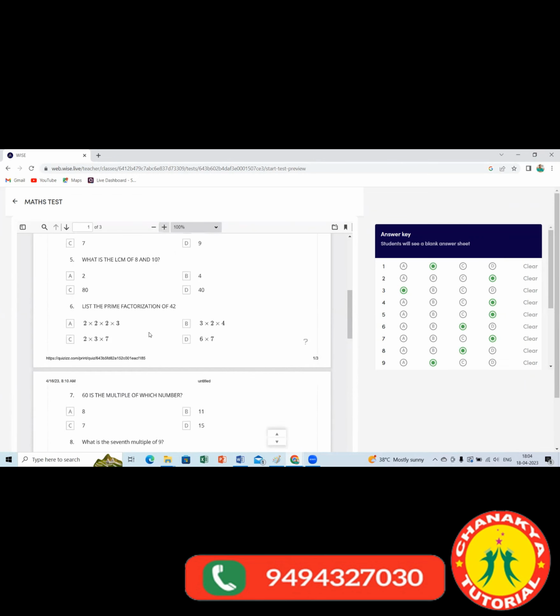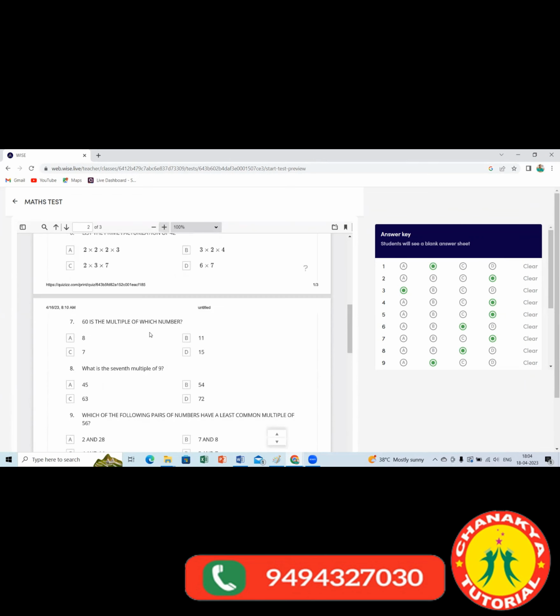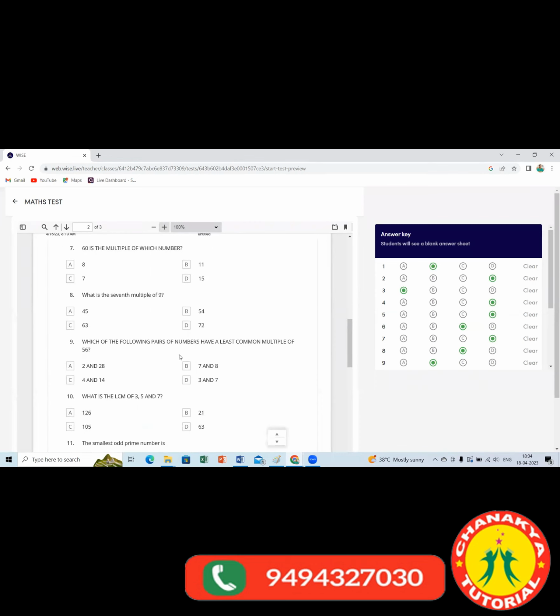Next, what is the next question? Ninth one. Which of the following pairs of numbers have least common multiple as 56? LCM should be 56, beta.